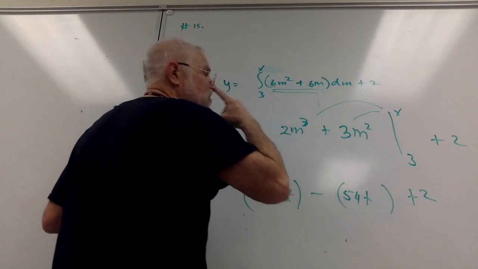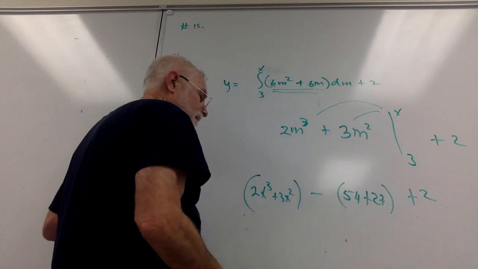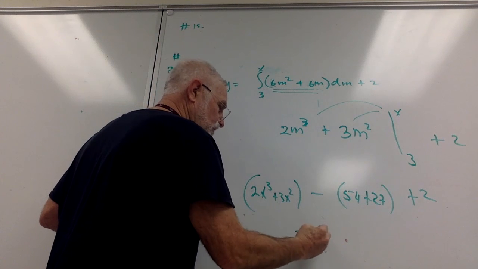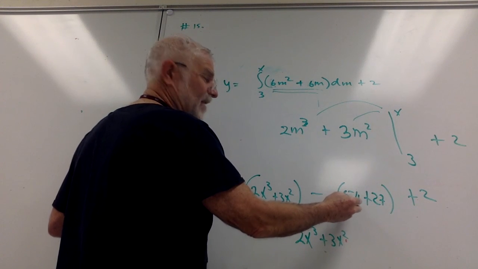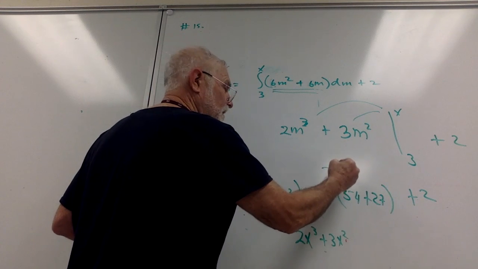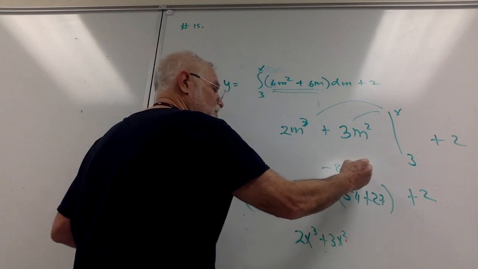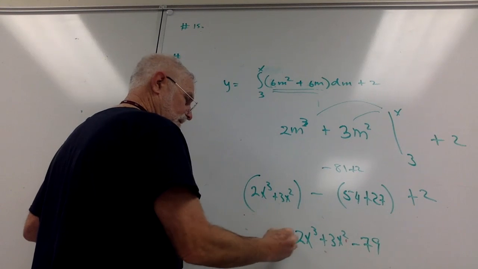Addition, addition. 9 times 3 is 27. That looks like 2x cubed plus 3x squared. 81, I think. 81 and 81. That's minus 81. Almost made a careless error here. Plus 2. Looks like minus 79 gets the job done.